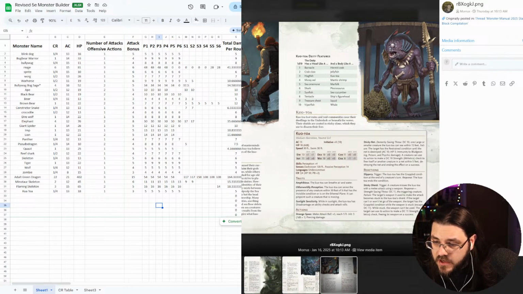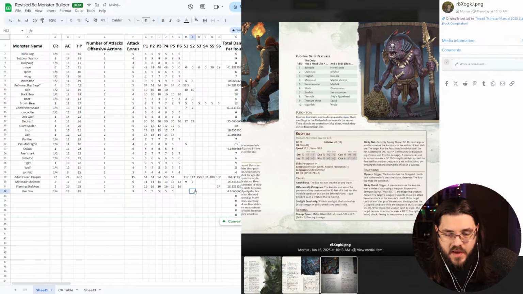A creature can use an action. Probably use that once instead of an attack. I wouldn't want to use it more than that. Has grapple condition, at the end of its turn it can end the condition. That is nice. If a creature misses the Kuo-toa with a melee weapon, strength saving throw, so the target's weapon used to make the attack becomes stuck to the Kuo-toa's shield.